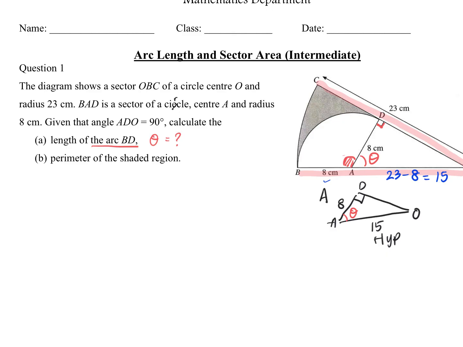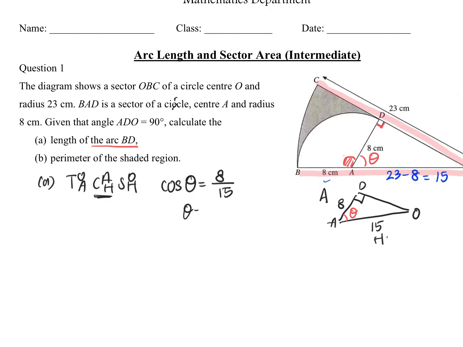So A and H. Using my SOH CAH TOA, which one do we use that has adjacent and hypotenuse? Yes, we're going to use cosine. So cosine goes with the angle. Cosine theta in this case is adjacent over hypotenuse. Adjacent is 8, hypotenuse is 15.